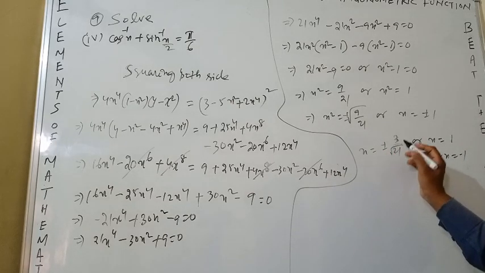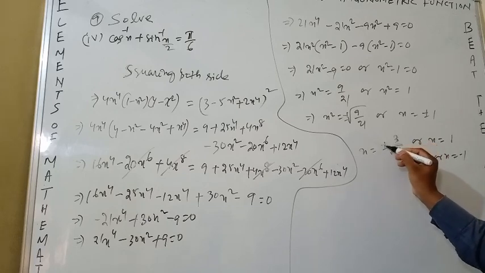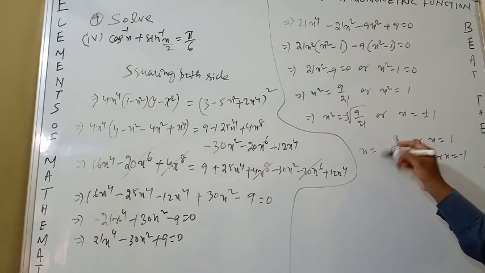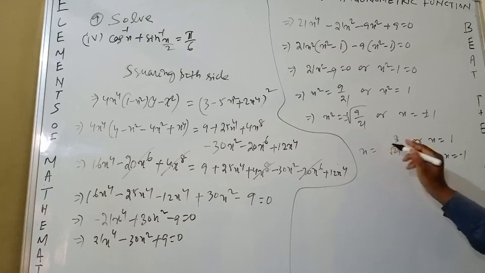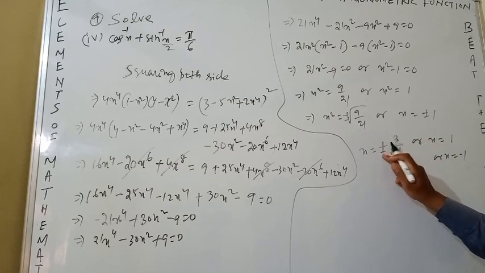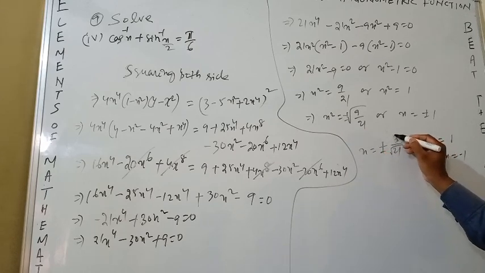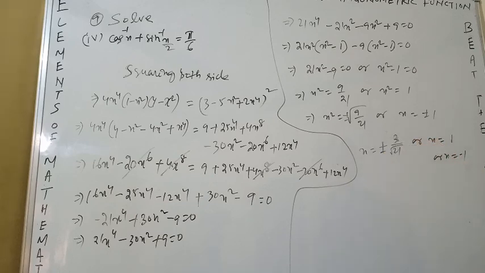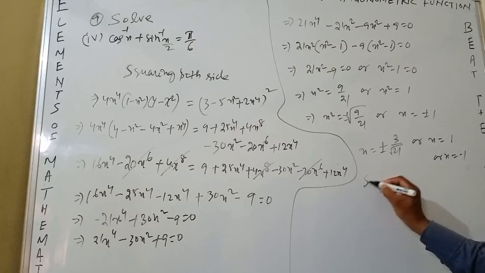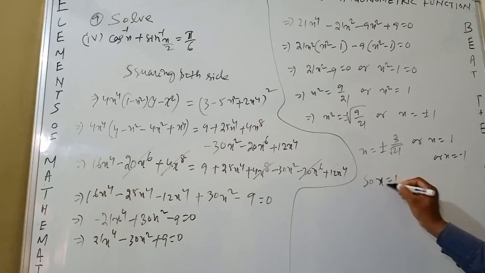Here x cannot be plus or minus 3 by root 21. Or x cannot be negative, x is equal to minus 1. So x is equal to 1 is the solution. Pause the video, note it down.